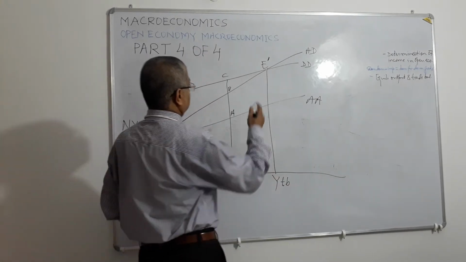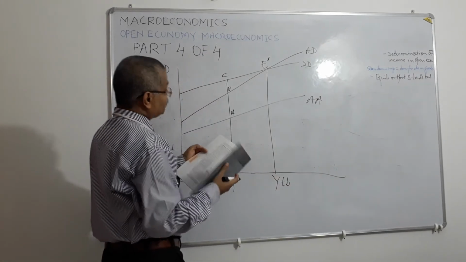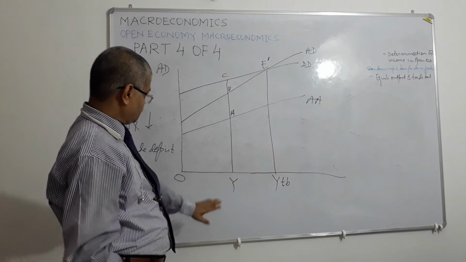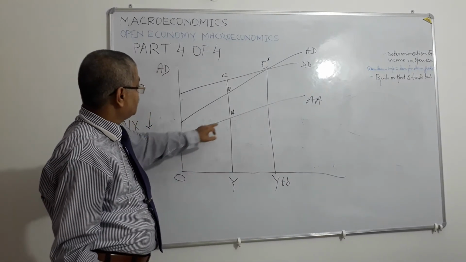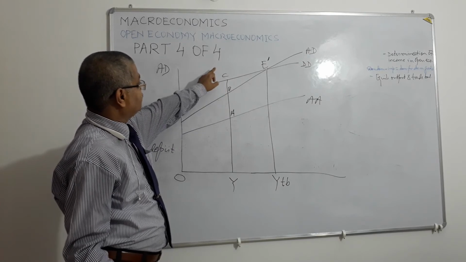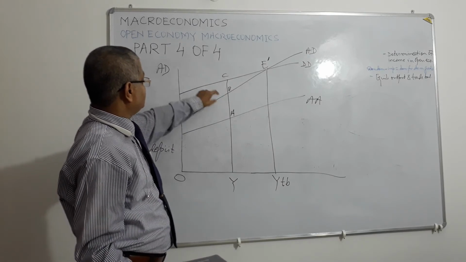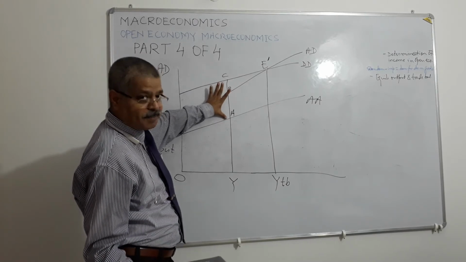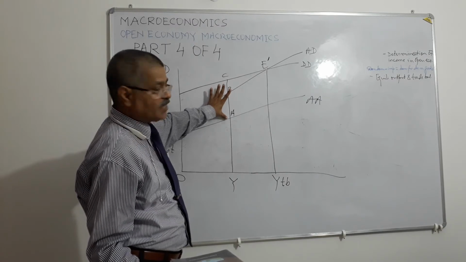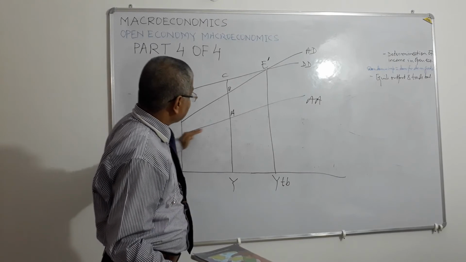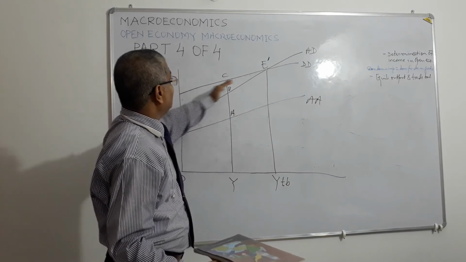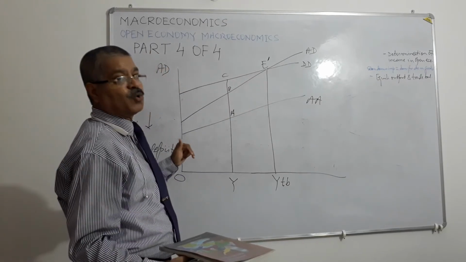exports and imports are equal, right? But at this Y, what is happening? A, B, C. This AC represents exports, as we have already discussed that the distance between AA and DD is exports.